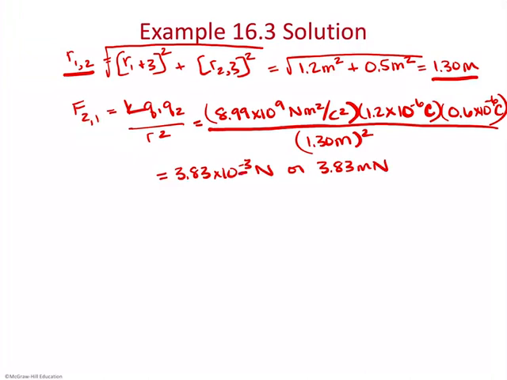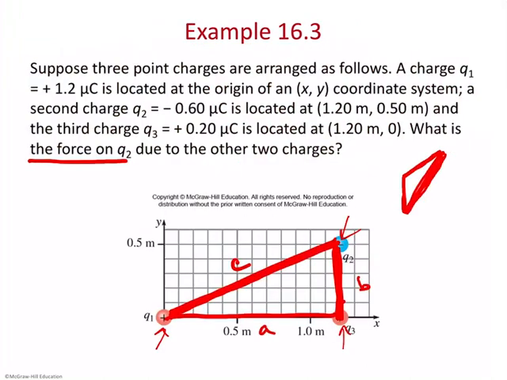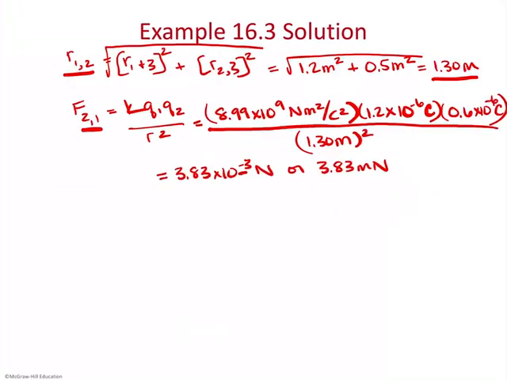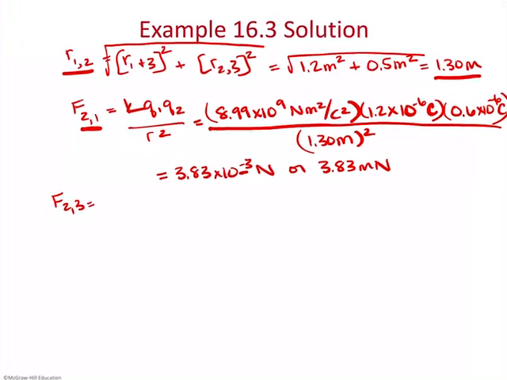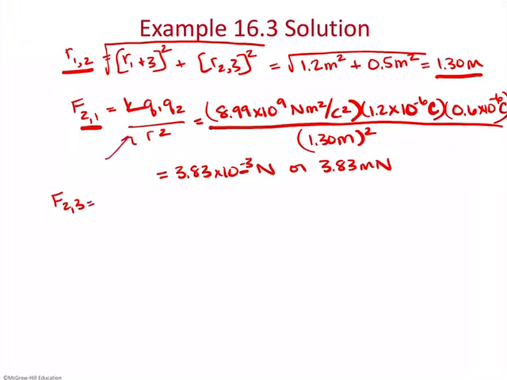That's not all. That's just for the situation between charge 1 and charge 2. Now we've got to figure out the situation between charge 2 and charge 3. That one's not as hard because we don't have to do any kind of Pythagorean, because it's just going in the y direction. So we do the same equation here.